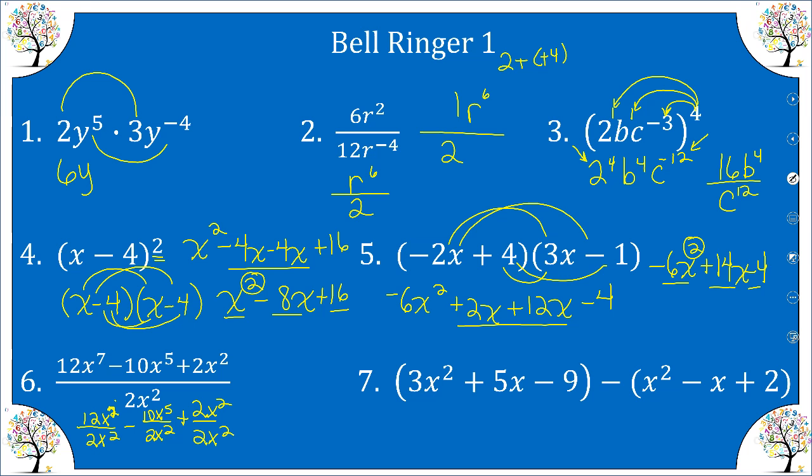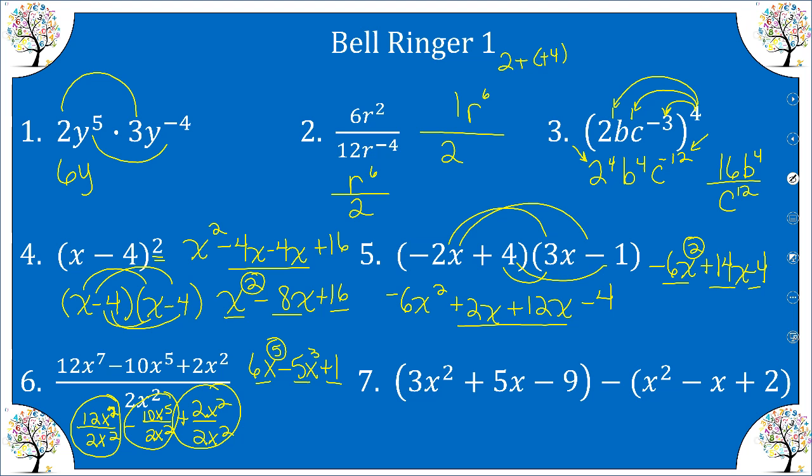So when I simplify the first term, I'm going to get 6x to the 5th. My next term is going to be minus 5x to the 3rd. And the last term is plus 1. We have a trinomial with a degree of 5.